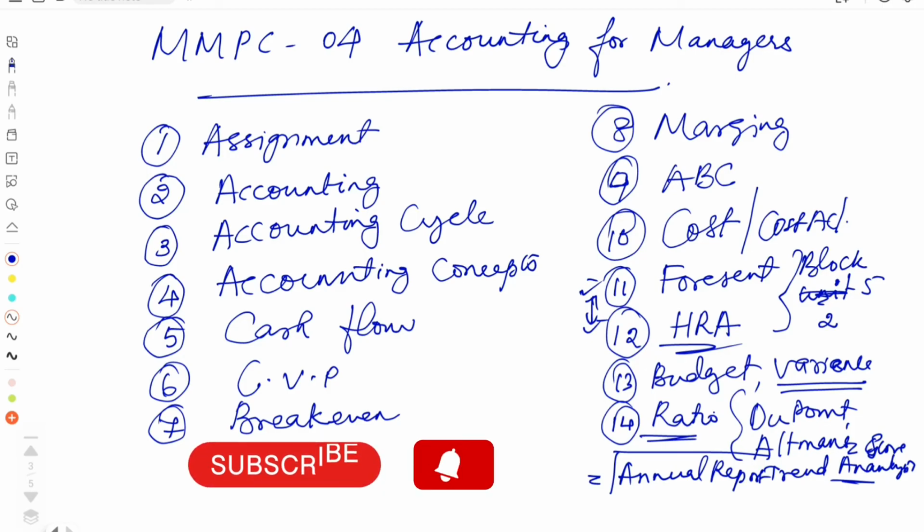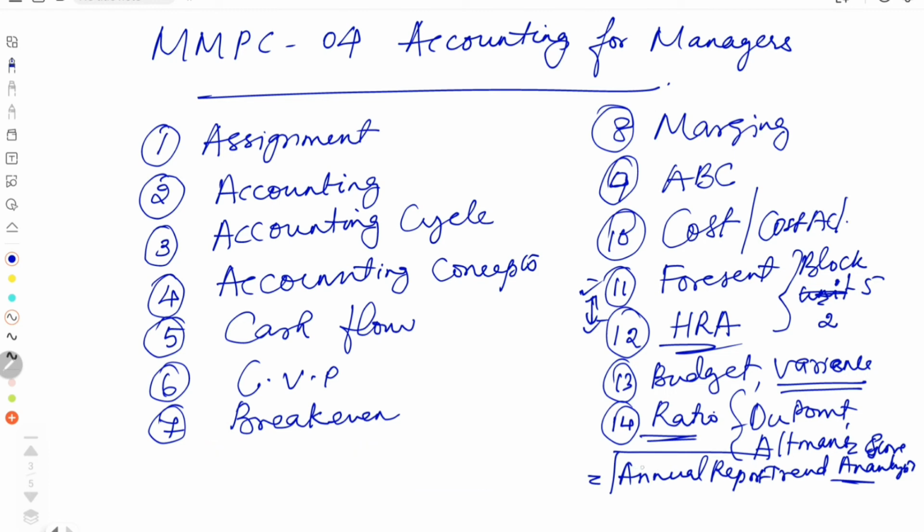It could be from the ratio analysis unit or the annual reports unit. There are 3 units in that. The comparative, common size and trend statements unit is unit 13. I haven't seen many questions from there. Usually the questions have come from the ratio analysis and annual report chapters only. So at least a few of these concepts, if you can study.